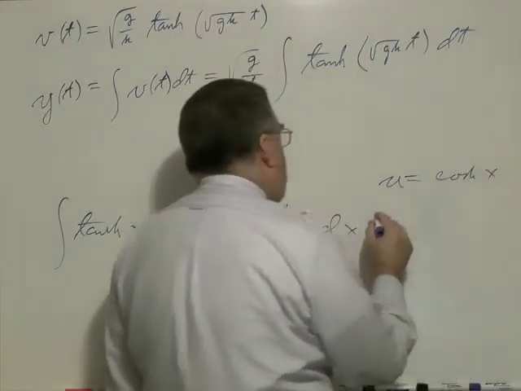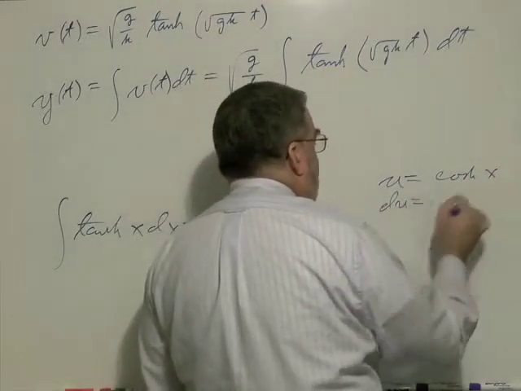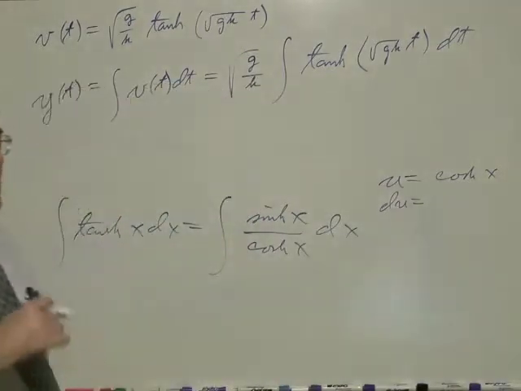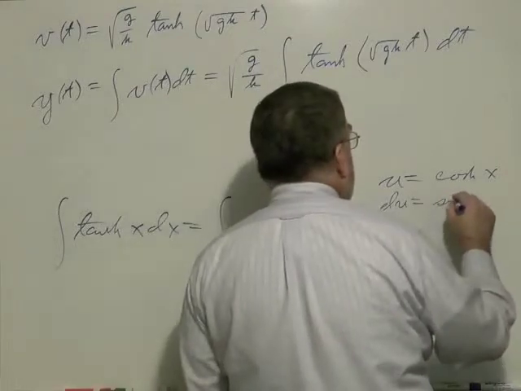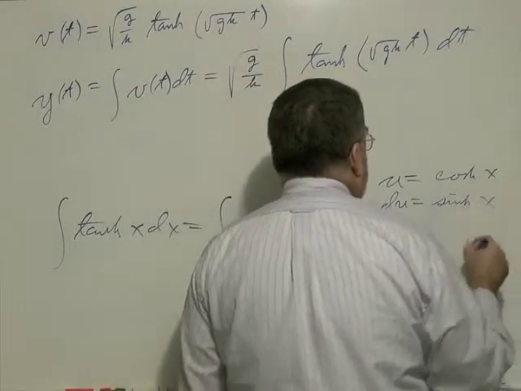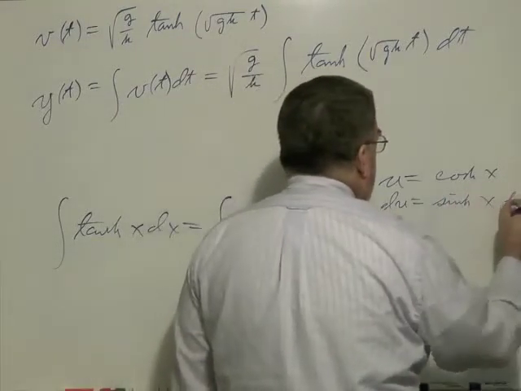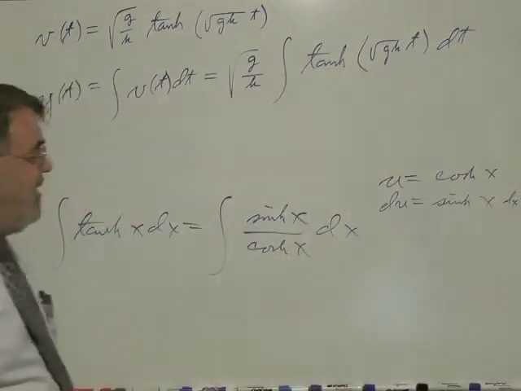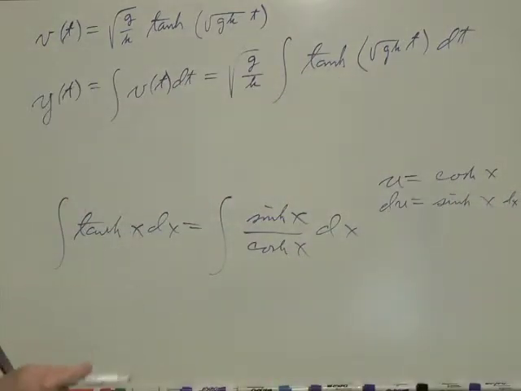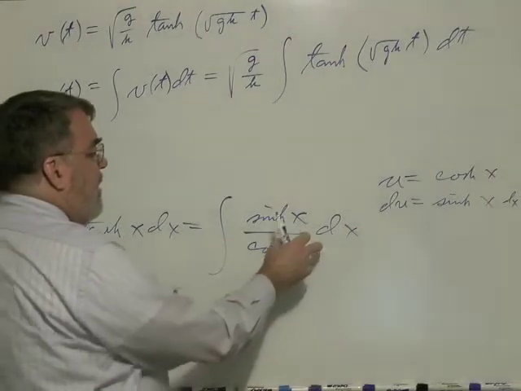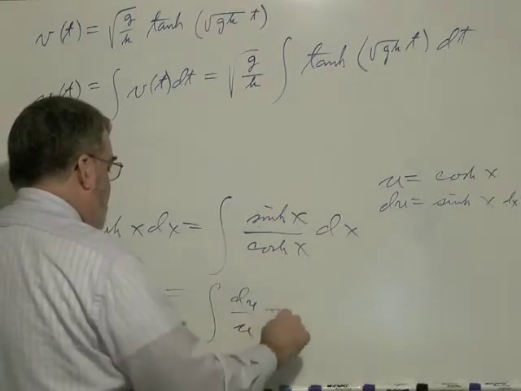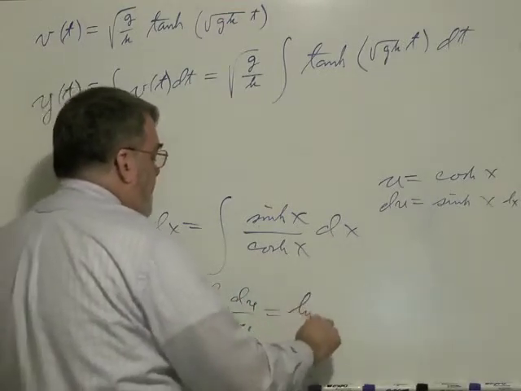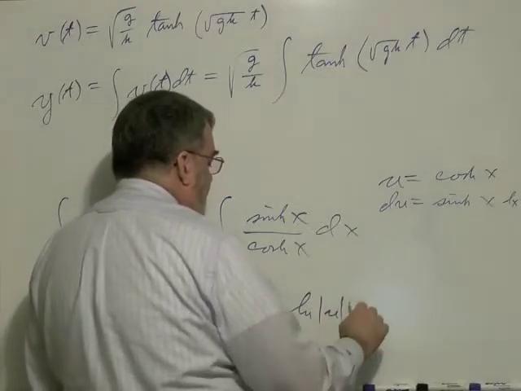then du is going to be the derivative of cosh. And it's very easy to verify that the derivative of cosh is positive sinh. So it varies a little bit from the trigonometry, because in trig the derivative of cosine is minus sine, but with hyperbolics it's going to stay positive. And so we end up with basically du over u, which is a logarithm, natural log of u.